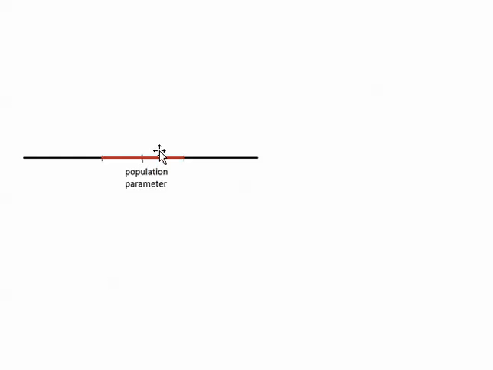So the probability of the sample statistic falling in this red area probably isn't too high. Maybe we could guess that it's 0.60 or a 60% chance.